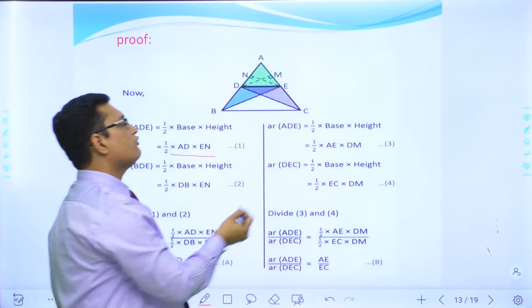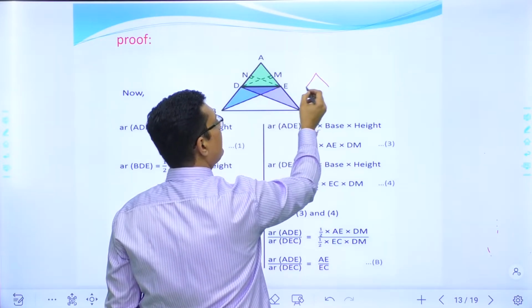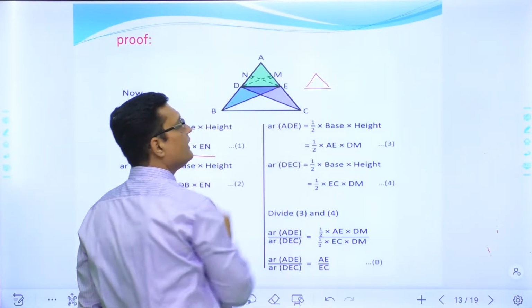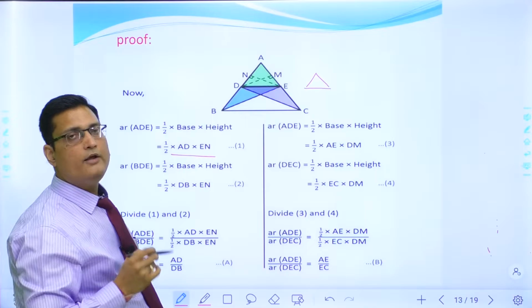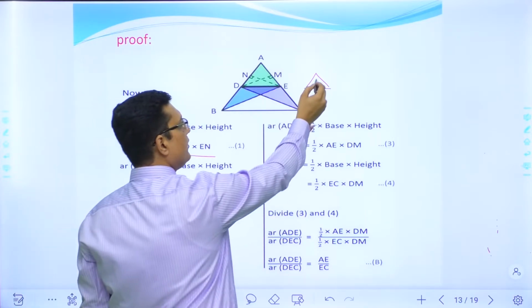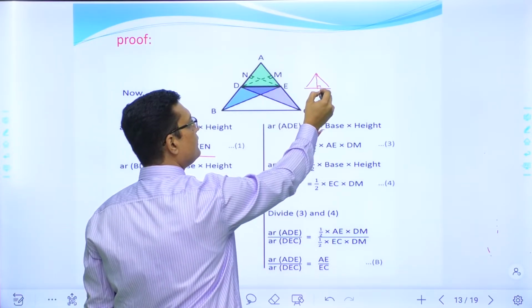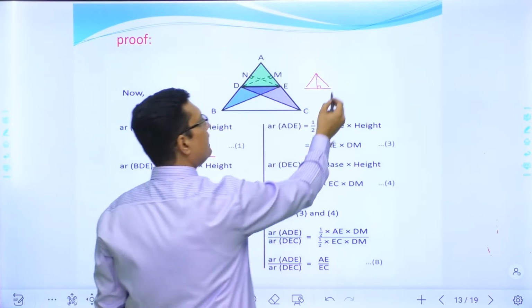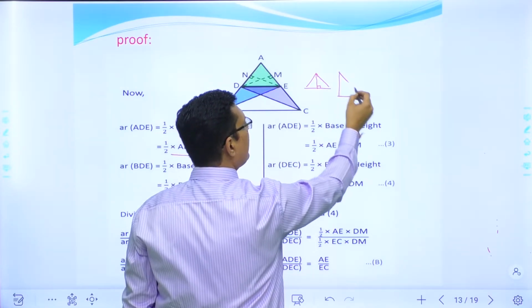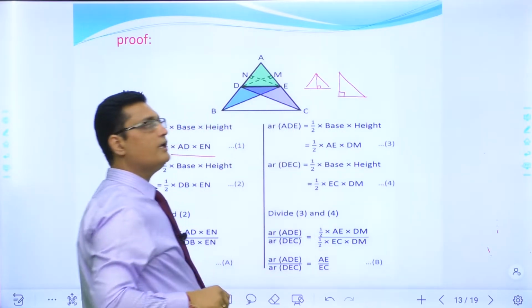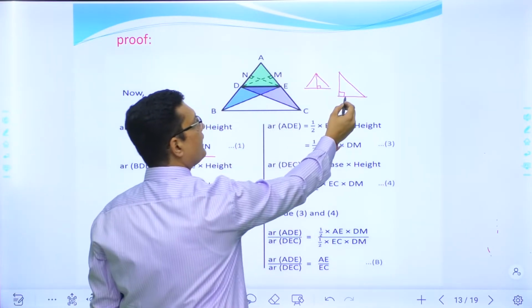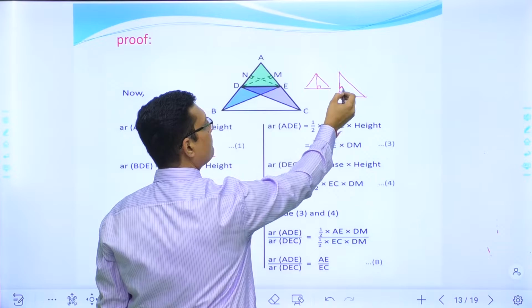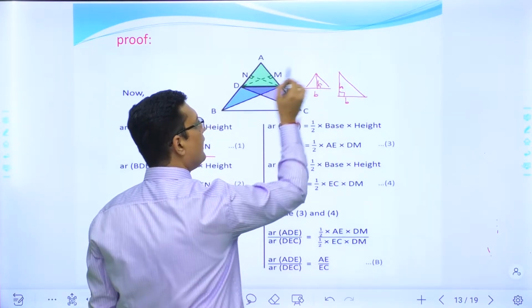I am telling you, students, we have different types of triangle. This triangle is an acute angle triangle. If you draw height in this, then it will be inside the triangle. Now, if you have a right triangle, then the two sides making 90 degrees will be base and height. Here it is base, this is height.